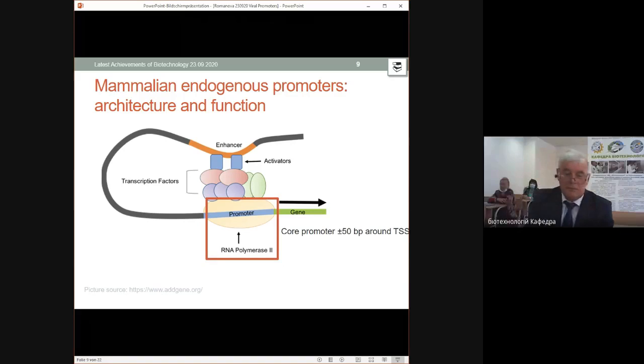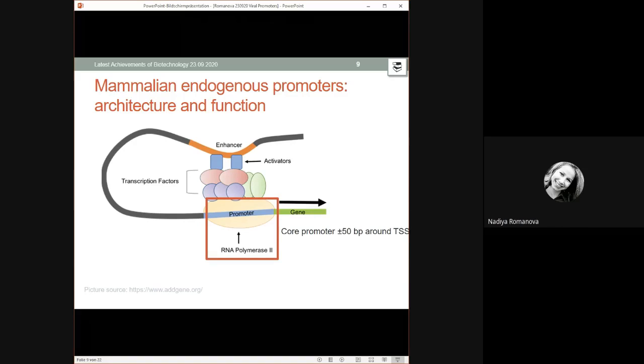So the core promoter is the immediately preceding portion of the DNA before the gene is being read. So before the RNA is being produced. So you can imagine starting here, you will have your RNA product, and the promoter gives the signal how much and how exactly this RNA product should be processed, should be read. The core promoter is the very short portion, and it's an immediately important portion of the DNA preceding the gene.